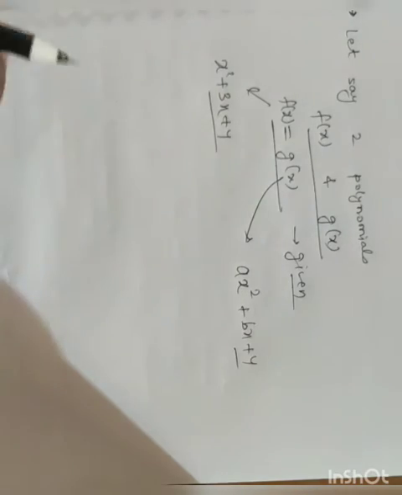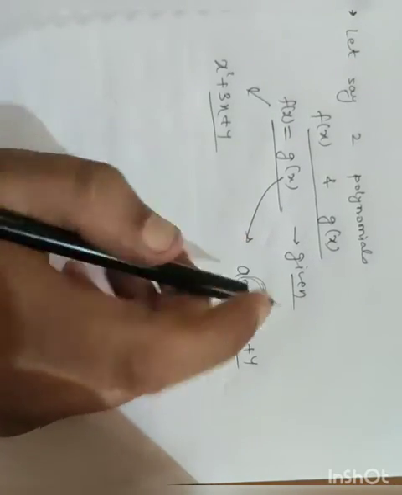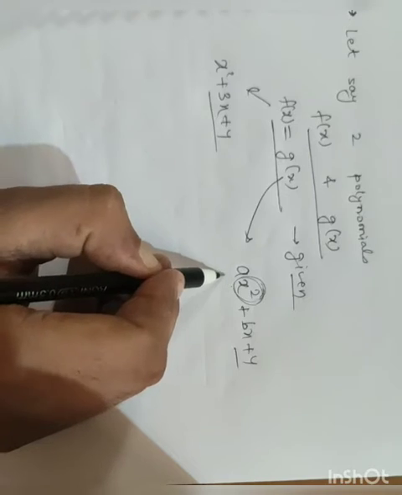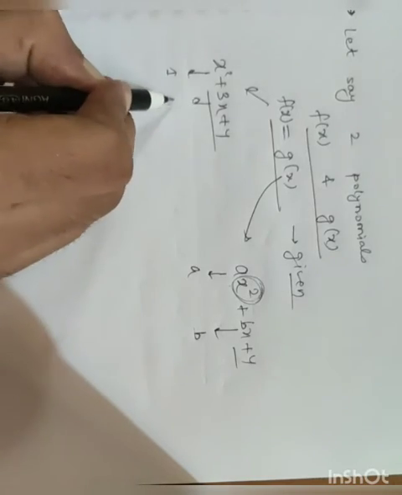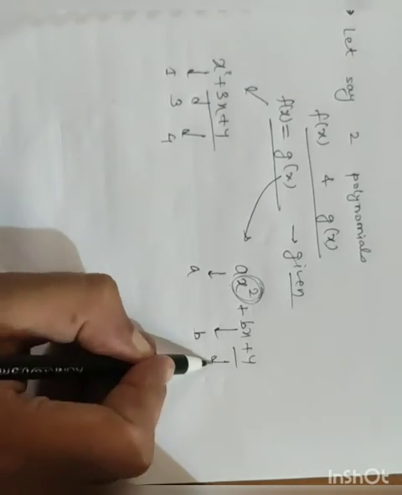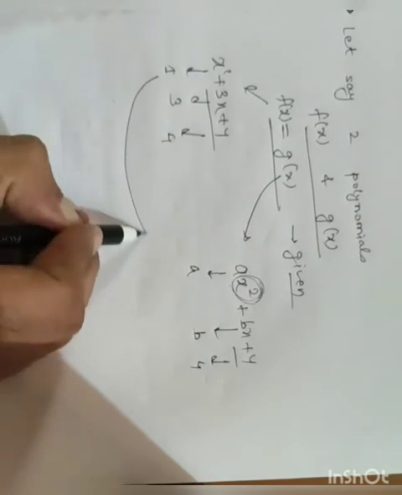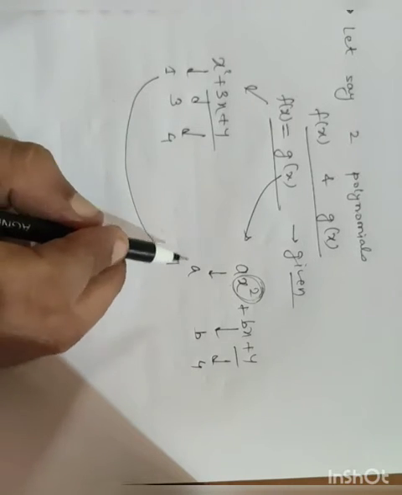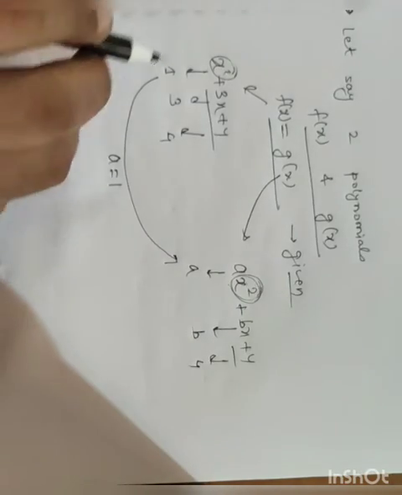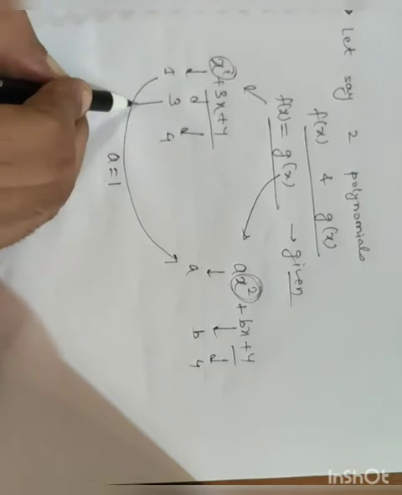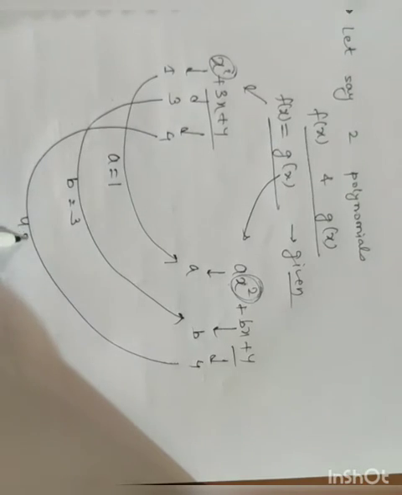This is possible only when the coefficients of the respective powers of x are the same: the coefficient of x square, the coefficient of x, and the constant term should each be the same.